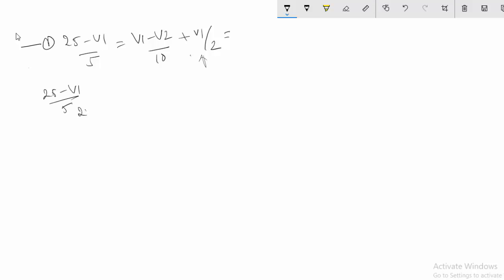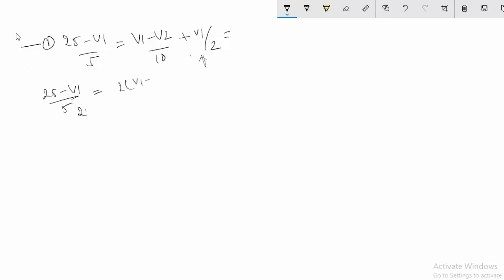it's very simple. So the first equation which you got was something like 25 minus v1 by 5 equal to v1 minus v2 divided by 10 plus v1 by 2. So if you are solving this, you will have to do the algebraic calculations here, and this will come something like 25 minus v1 divided by 5 equal to, again if you are doing this calculation, then it will be 2v1 minus v2.